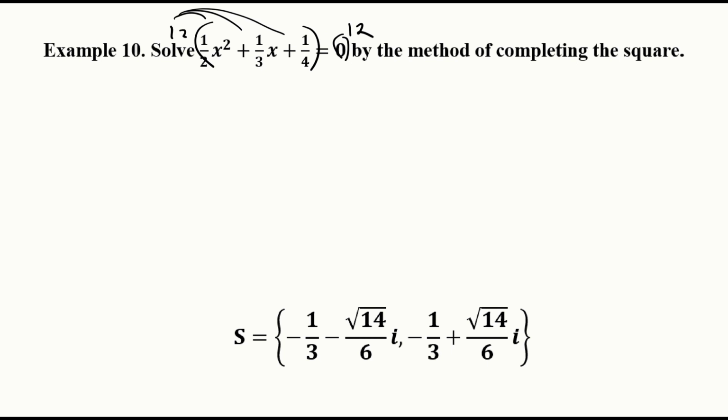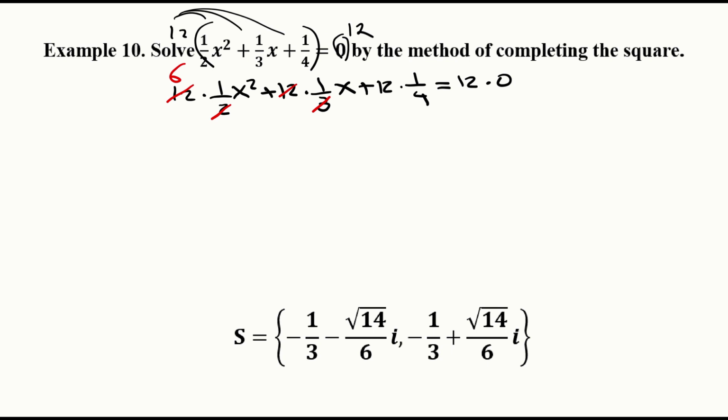So we end up with 12 times 1/2 x squared plus 12 times 1/3 x plus 12 times 1/4 equals 12 times 0. So we have some cross canceling here. So we see that 2 and 12 leave us 6 on the top, 3 and 12 leave us 4 on the top, 4 and 12 leave us 3 on the top.